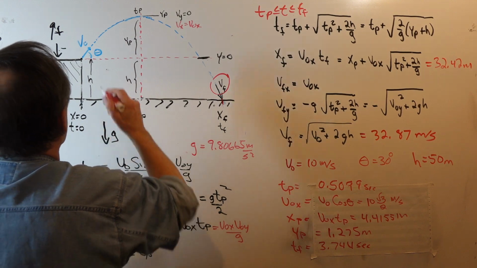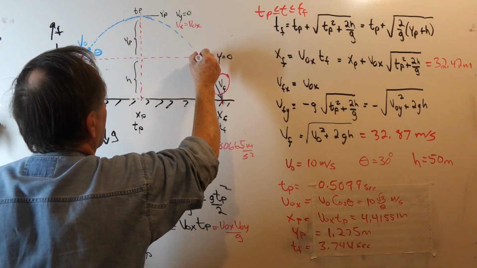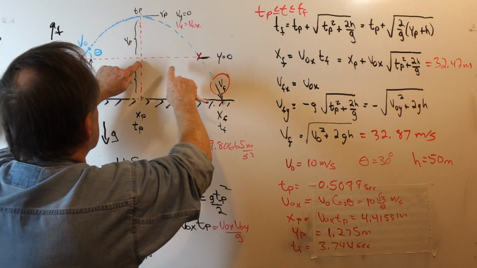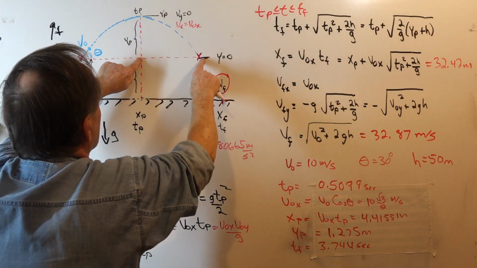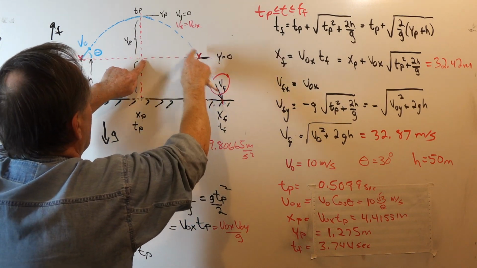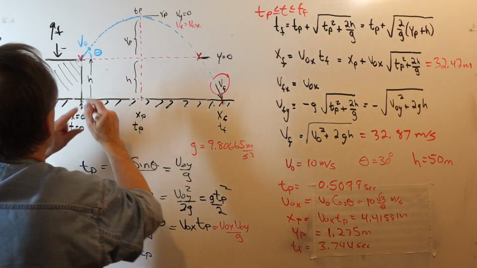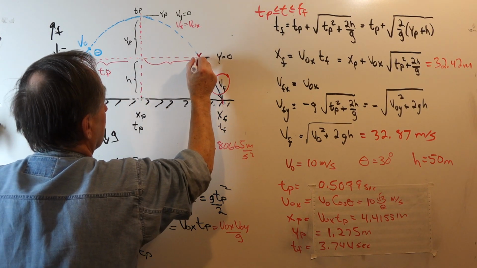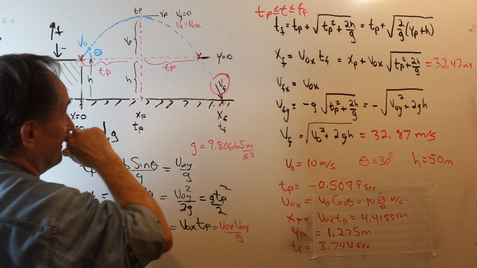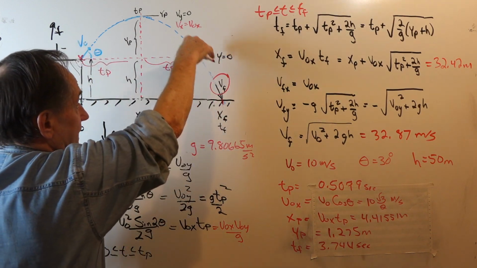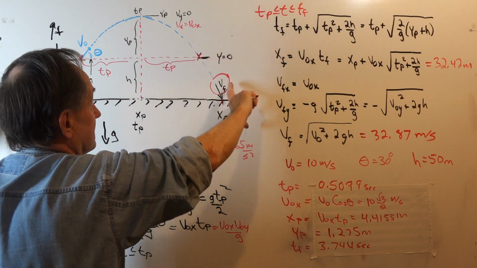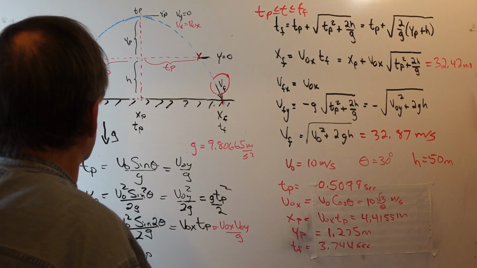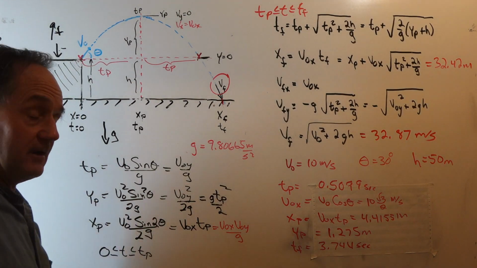That is, if I were to go from here to here, the time that it takes to get from here to here, which is t peak, is also the time that it takes to come back down to the same spot at the same level, because of conservation of energy. So the time interval here is t peak. The time interval to get to this point is t peak. And then there's a little extra time to hit the ground, because it's yet traveling further in the y direction. So there you have it.